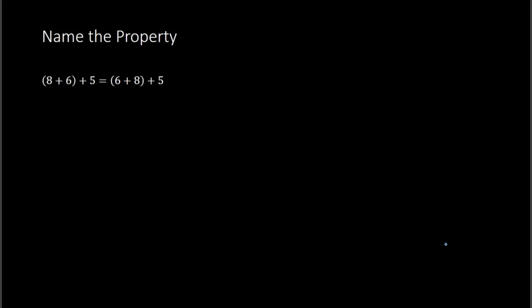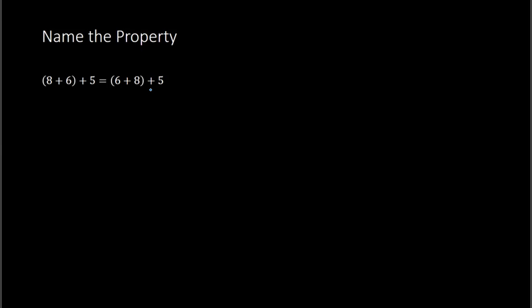Here's example 1. Take a look and see what is different with the left side and the right side. What is different is the fact that the 8 and the 6 are moving. Yes, there's parentheses here, but the numbers inside the parentheses are moving. So instead of 8 plus 6, now we have 6 plus 8.